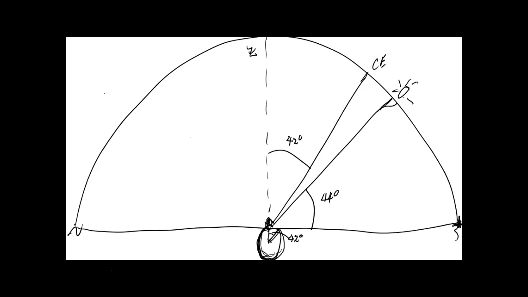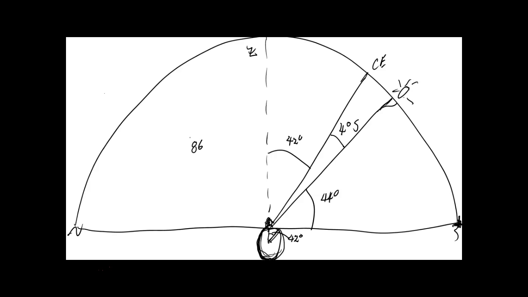So what does that place the declination of the sun to be? Okay, 44 and 42 would add up to be 86, and what's left there? 4. So this would be 4 degrees south of the celestial equator. That's the declination of the sun on that day.